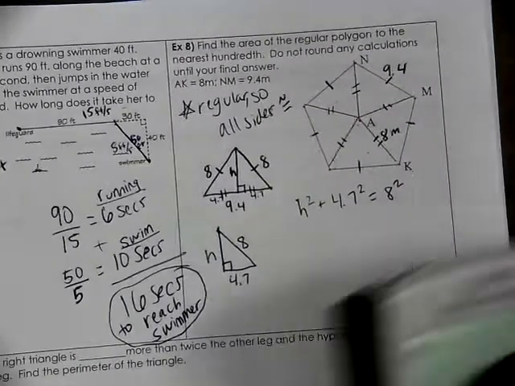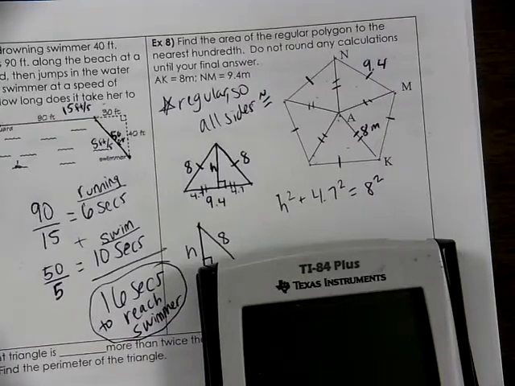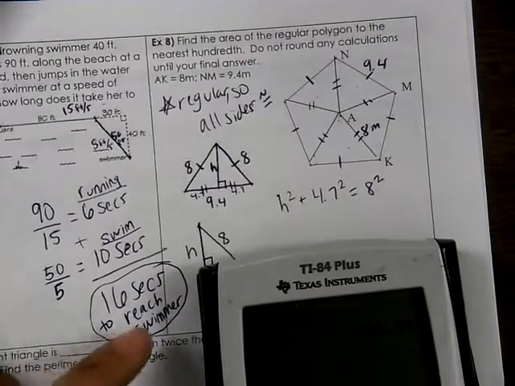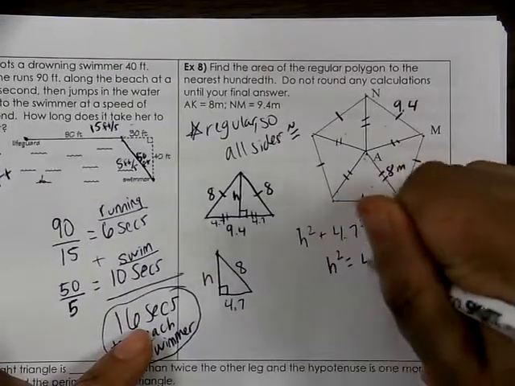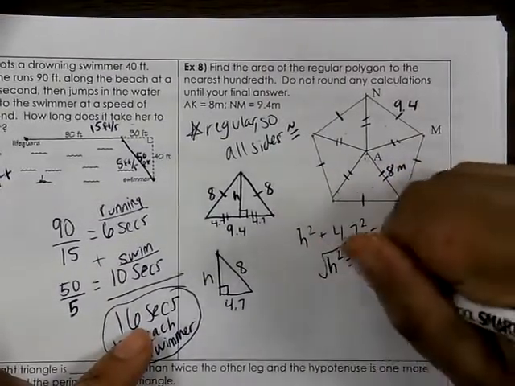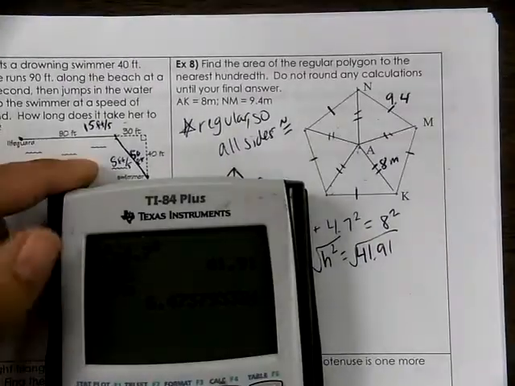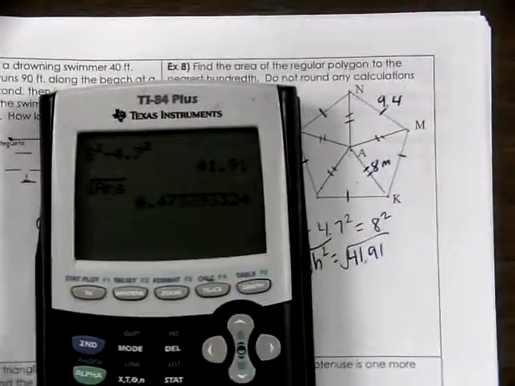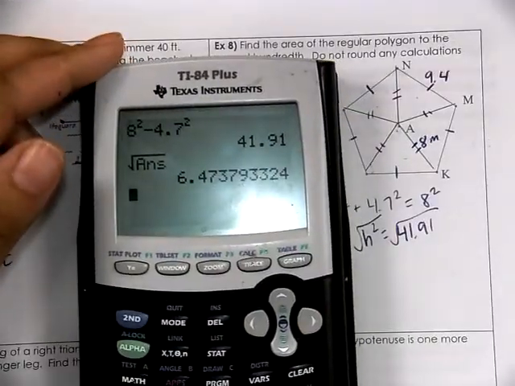When I go to my calculator, I want to do 8 squared minus 4.7 squared, and I get this answer, 41.91. But when you square root it, make sure you keep the entire answer. So square root of this. Now this answer is a decimal that just keeps going, all those numbers.